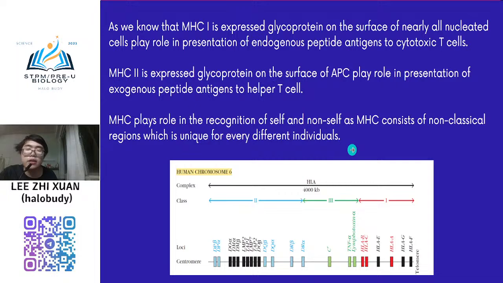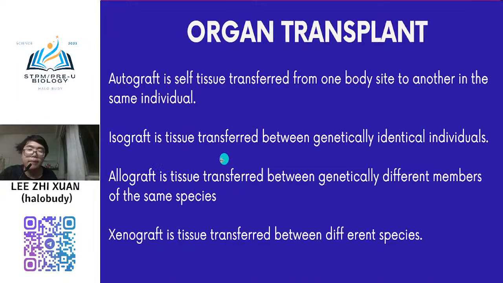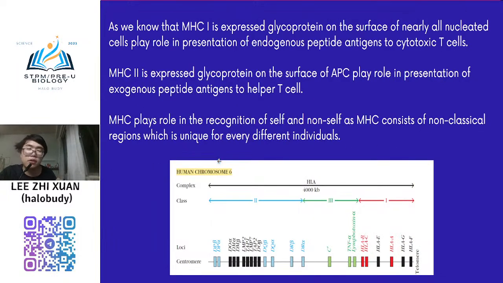This one later you will learn about organ transplant. So in your syllabus, you need to know the concept of self and non-self and relate it to organ transplant. In general, you see in movies and dramas, if you want to do an organ transplant, you need to do a detection test.